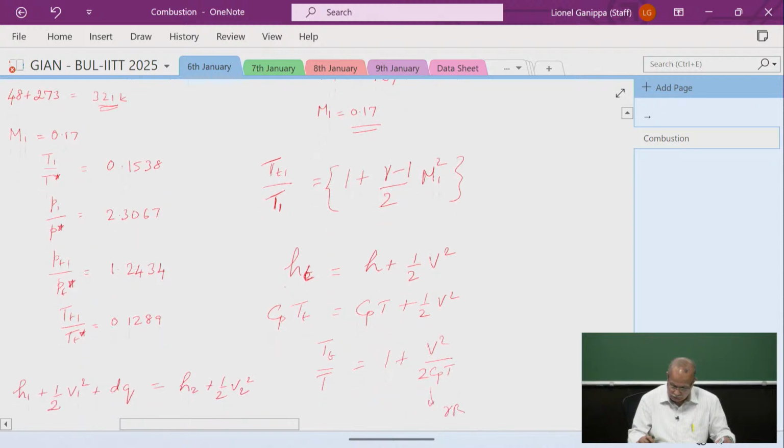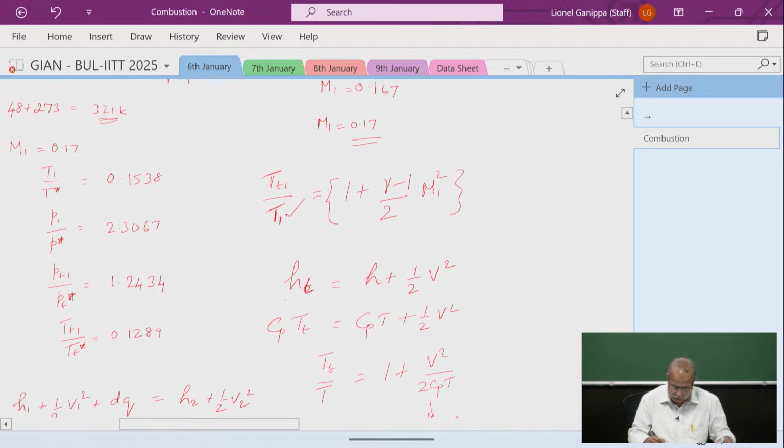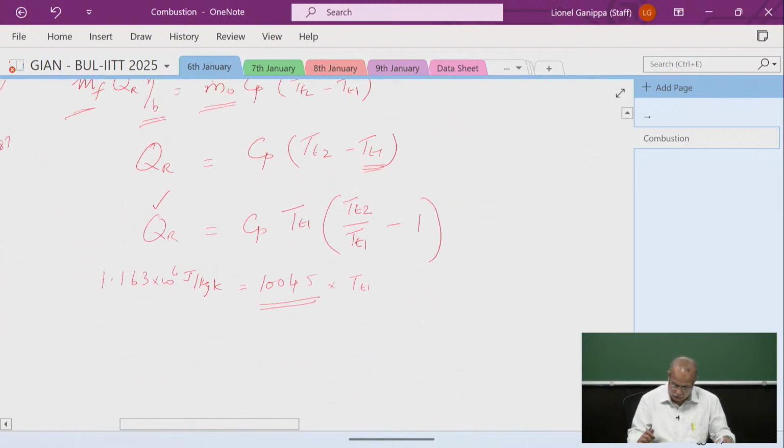What is this value? T1 is known, 321. M1 you calculated 0.17. Gamma value is 1.4. So you can find the value for TT1. 332.8 K. So now you can substitute this value here, 322.8 K, and then you end up with TT2 by TT1 minus 1.